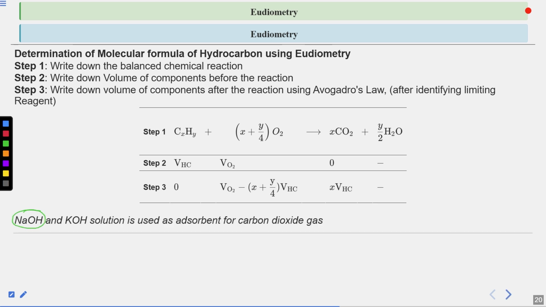Remember one thing, the CO2 emitted in the products can be absorbed by NaOH and KOH. We have seen it in the previous slide. If you don't remember it, you can see it from here also. If you introduce potassium hydroxide and sodium hydroxide into the solution, it will absorb this CO2.